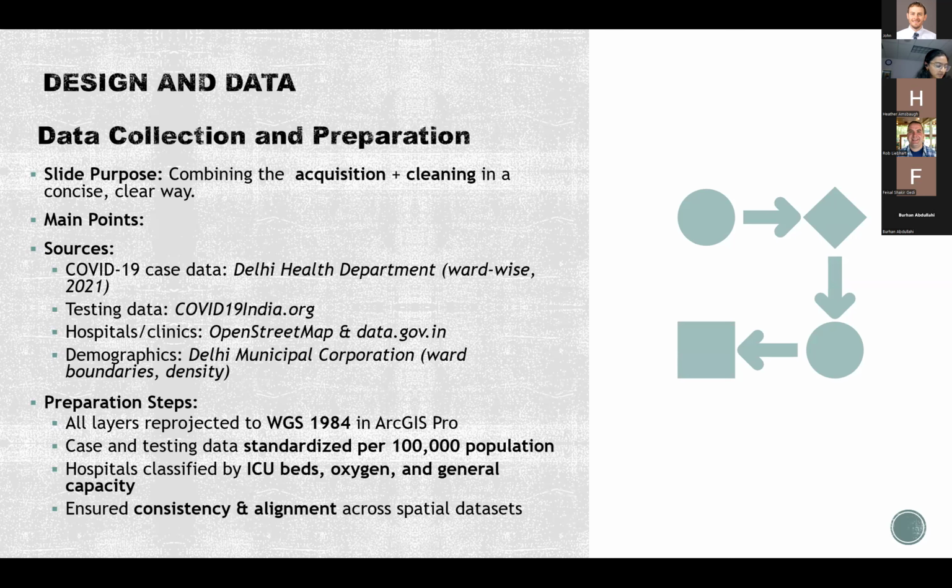And for the data preparation, all layers were projected into the WGS 1984 coordinate system. And hospitals were characterized by ICU presence, bed count, and oxygen support. This level of detail was crucial in identifying not just where the hospitals were, but whether they were equipped to handle emergencies.